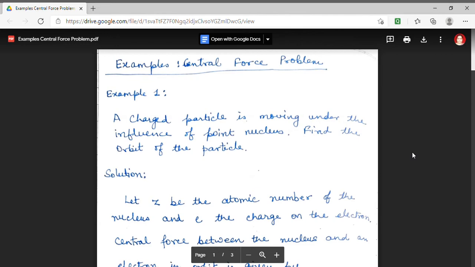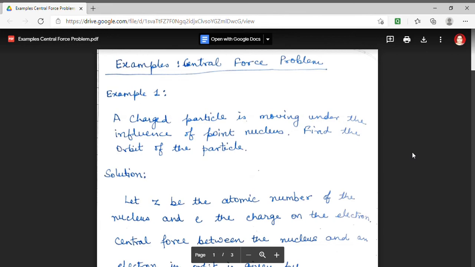And we know that the deciding factor is eccentricity. If eccentricity epsilon is greater than 1, then it will be hyperbola, and if it is equal to 1, it will be parabola, and in the condition of epsilon less than 1, it will be ellipse. So first of all, we have to determine the value of eccentricity.